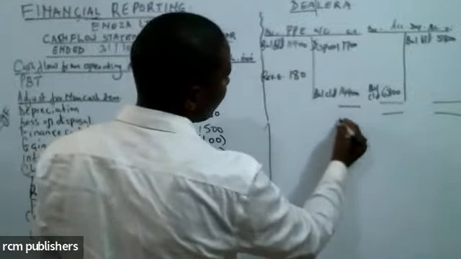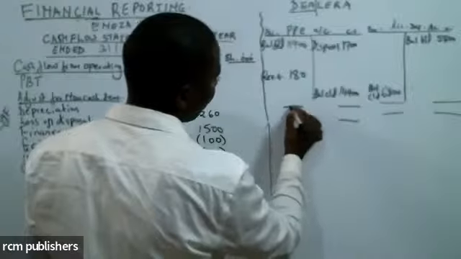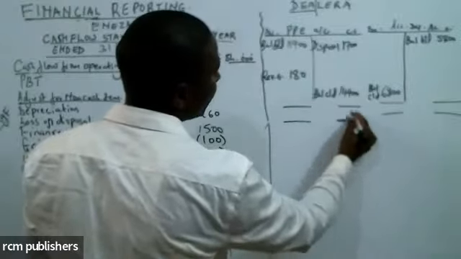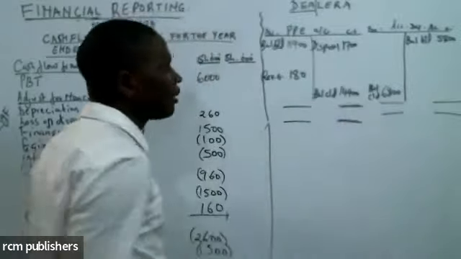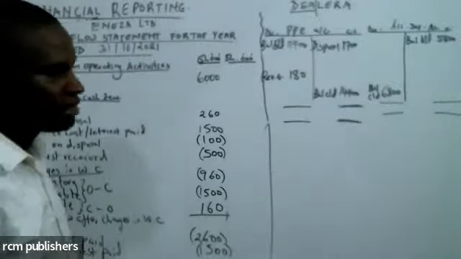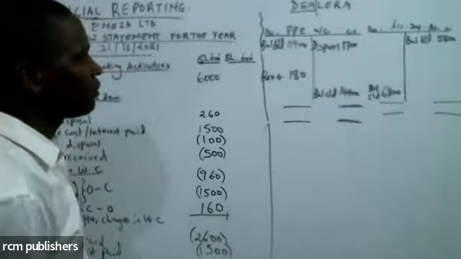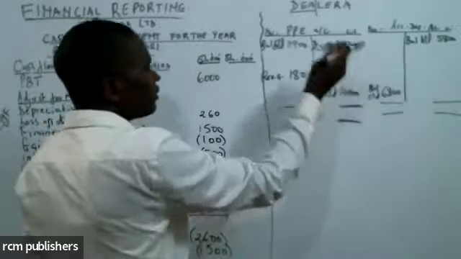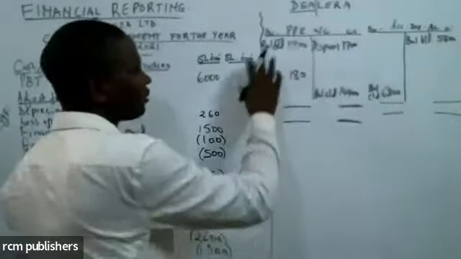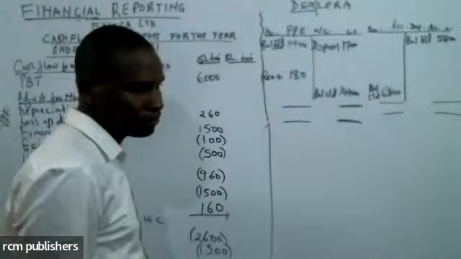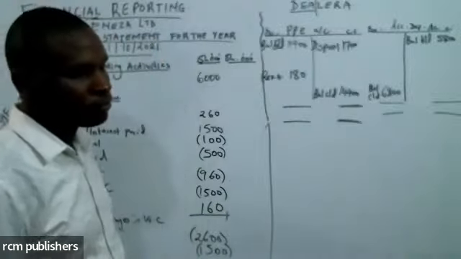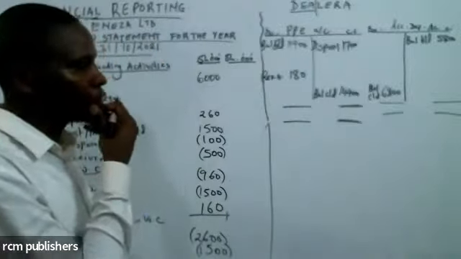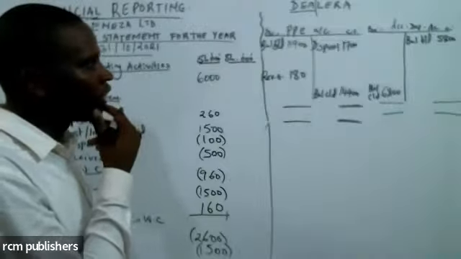And then you check whether there was acquisition of PPE. Did they acquire or did they use more? So balance the account. This plus this, how much do we get? Then we look at the balancing figure. What will be the total on the credit side?